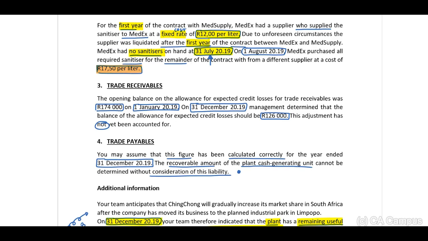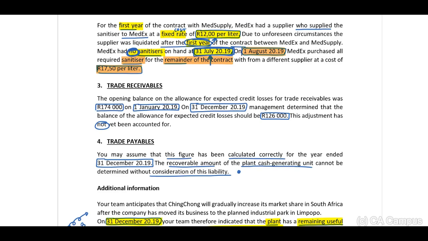And then on 1 August 2019, Medex purchased all required sanitizers for the remainder of the contract. Okay, therefore, for the remainder of the contract, a little difficult here, guys. When you look at this, they indicate to us for the first year they were able to purchase this at 12 Rand. But then they indicate to us that they had no other sanitizers on hand end of July 2019.